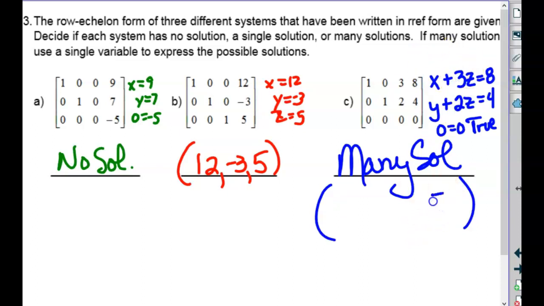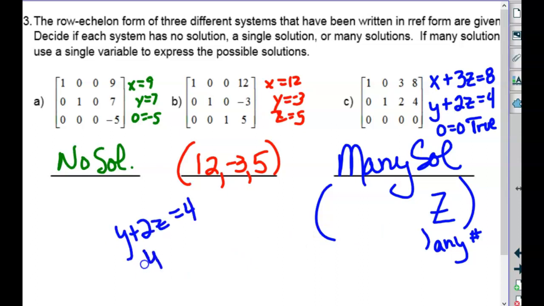Z. So I'm going to put Z here because Z can be any number. But in place of Y, I'm going to write Y is equal to what? 4 minus 2Z. Or -2Z plus 4, same thing, everybody good?